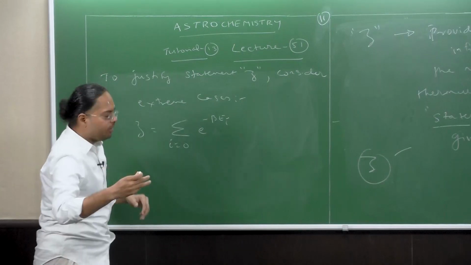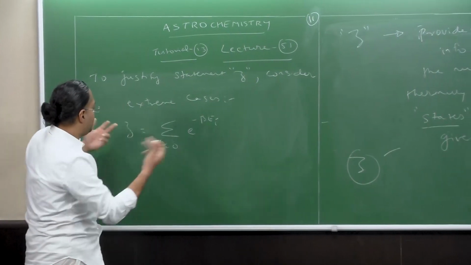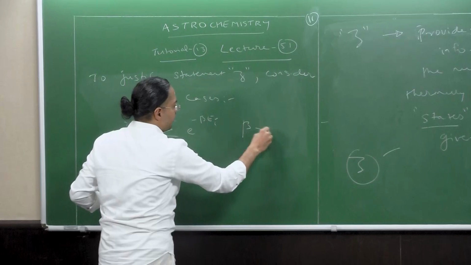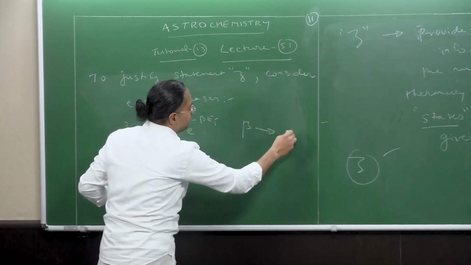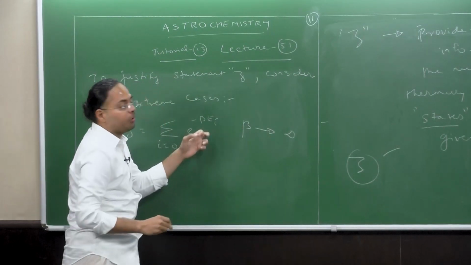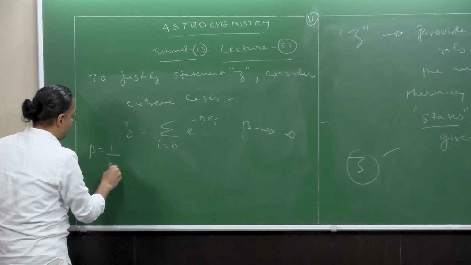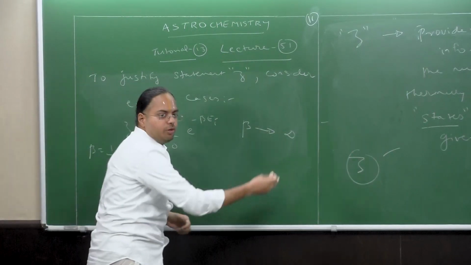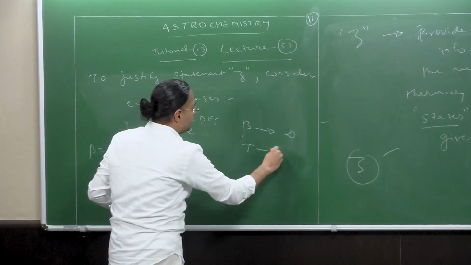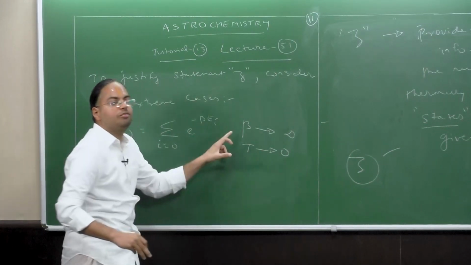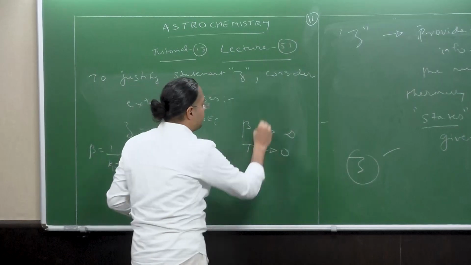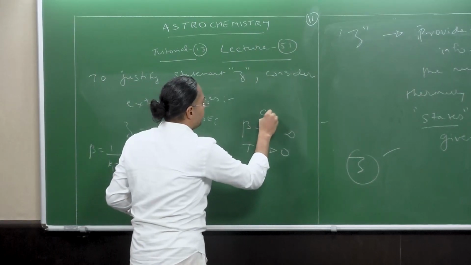First, consider beta tends to infinity, which means what? Because my beta is 1 over kBT, never forget that. Beta tends to infinity and T tends to 0. This is one extreme case, case 1.